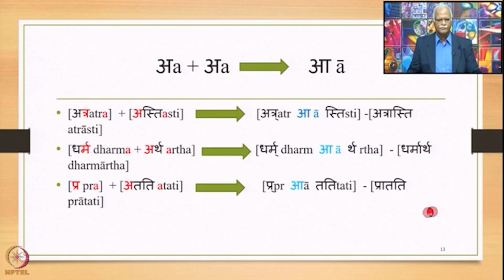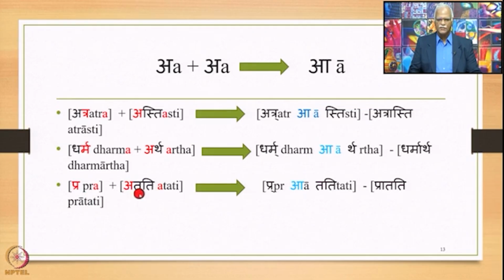Similarly, if we take a preverb and verb, pra is a preverb or upasarga and atati is the verb. Pra ends in short a, atati begins with short a.